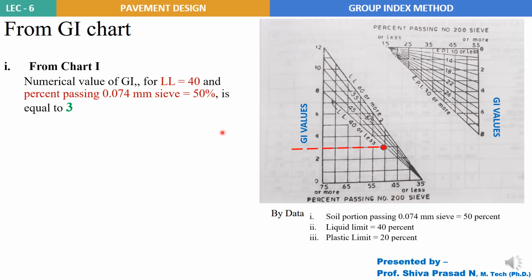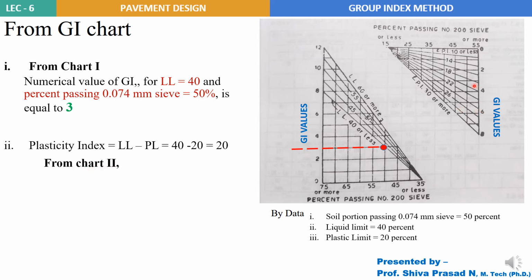Next, moving on to chart 2. To read the group index value from chart 2, we need the plasticity index value. Liquid limit minus plastic limit is 40 minus 20, where 40 is the liquid limit and the plastic limit of 20 is given in the problem. That works out to 20. Now let me use chart 2.